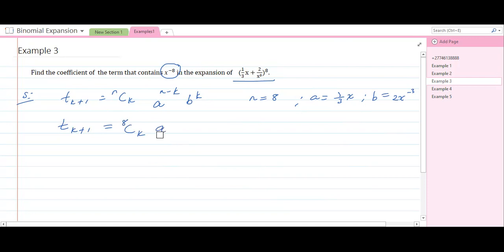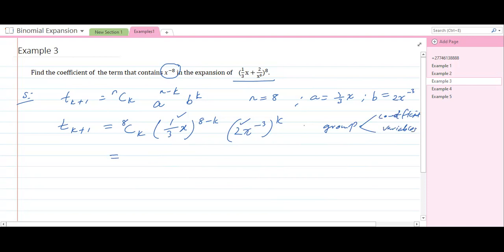What is a? a is basically 1 over 3 x, to the power 8 minus k, times 2x to the power negative 3, to the power k, b to the power k. Now let us group all the coefficients. Coefficients are this, and group all the variables. So group coefficients and variables separately. That's how you group them.